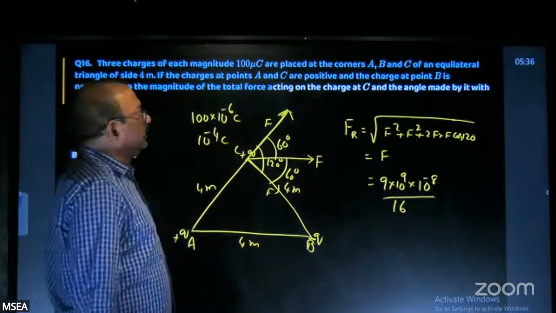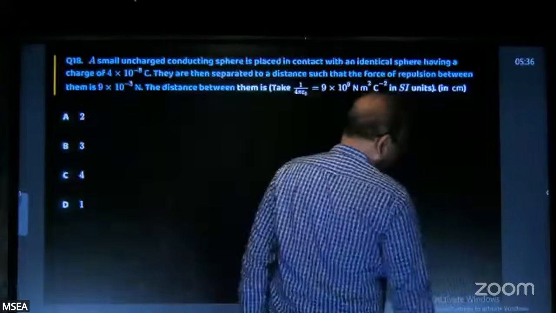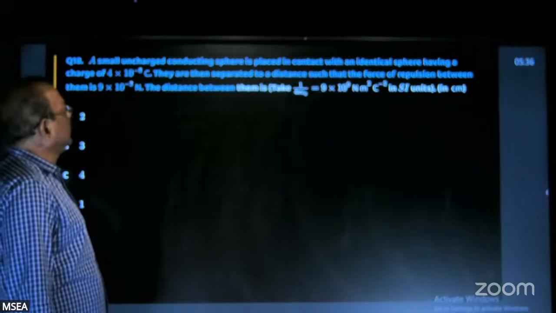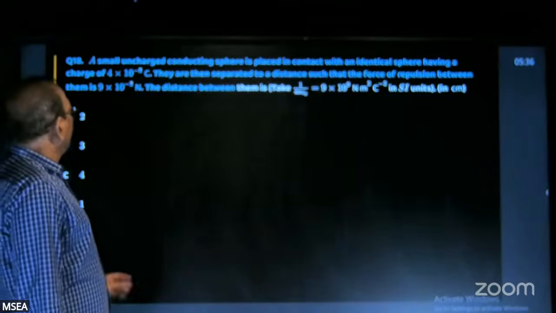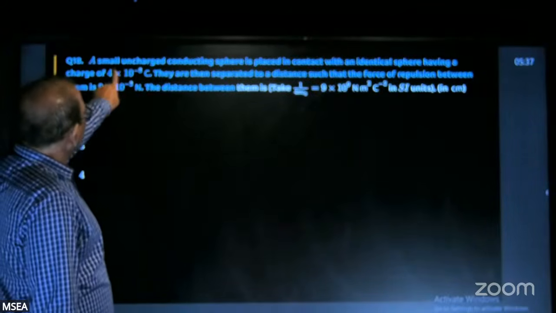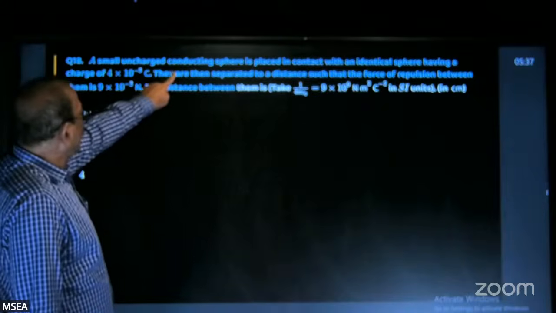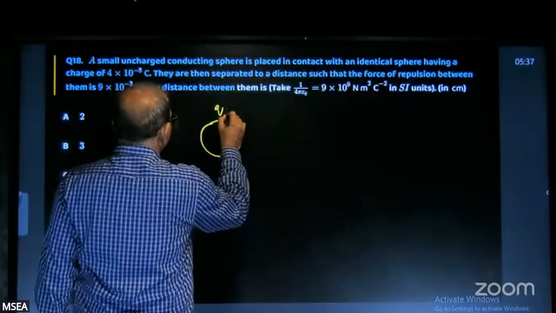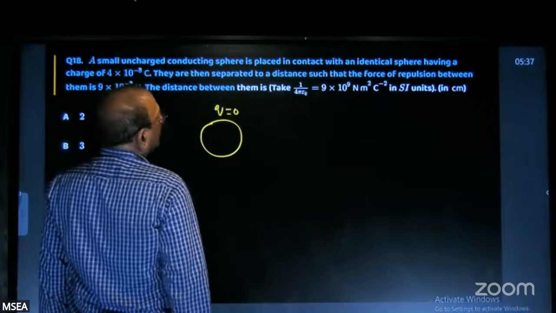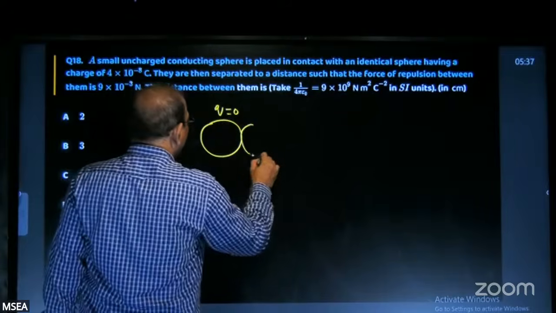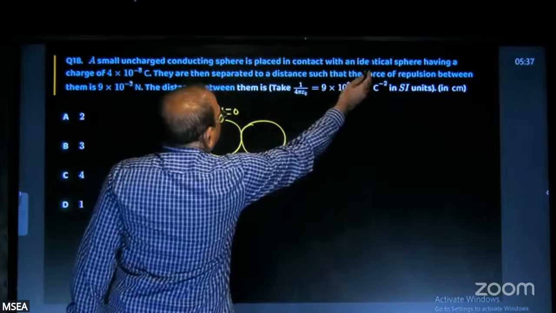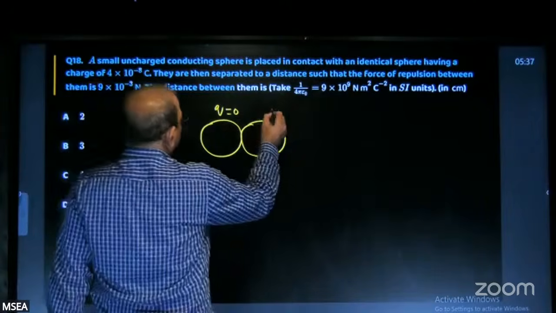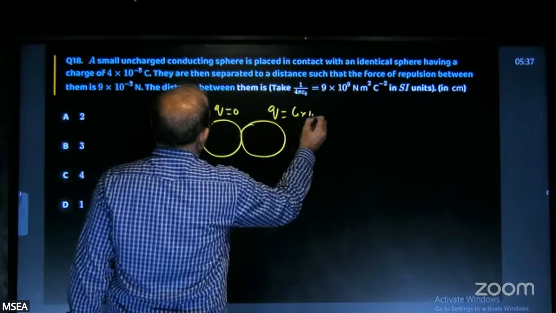Okay. Now let us move to the next problem. This is also based on Coulomb's law. A small uncharged conducting sphere is placed in contact with another identical sphere, both of the same radius, having a charge of 4 into 10 power minus 8 coulomb.